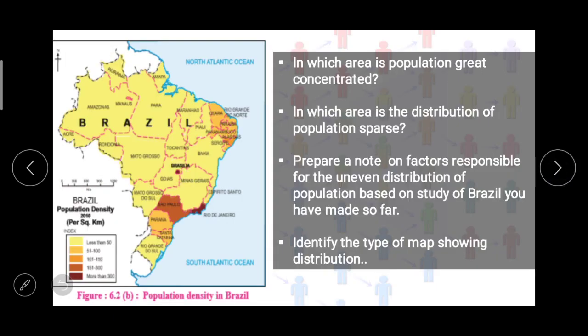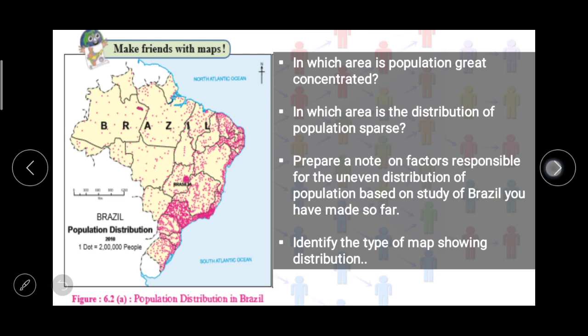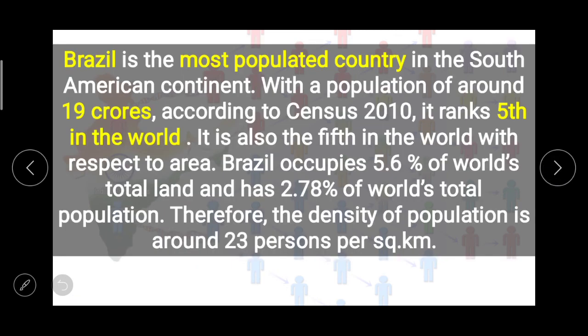Question, just now we talked about this. Brazil is the most populated country in the South American continent, with a population of around 19 crores. According to the census of 2010, it ranks 5th in the world. Now just try to compare this.